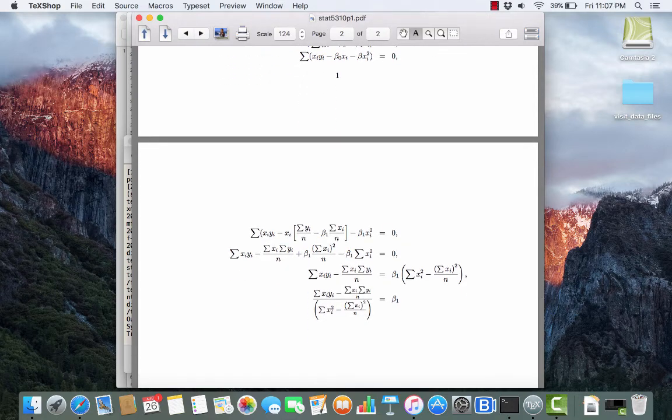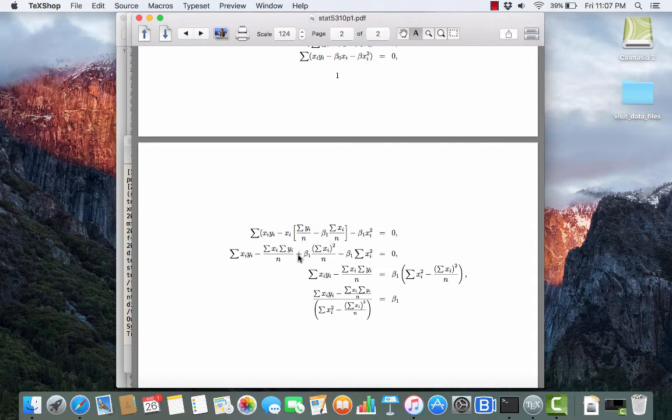Okay, now what I'm going to do is put my summation on everybody. So I've got summation of xi yi, summation of the xi, that goes to this one here, times summation of the yi over n. That's the first term. Then summation of the xi squared, and it's plus.